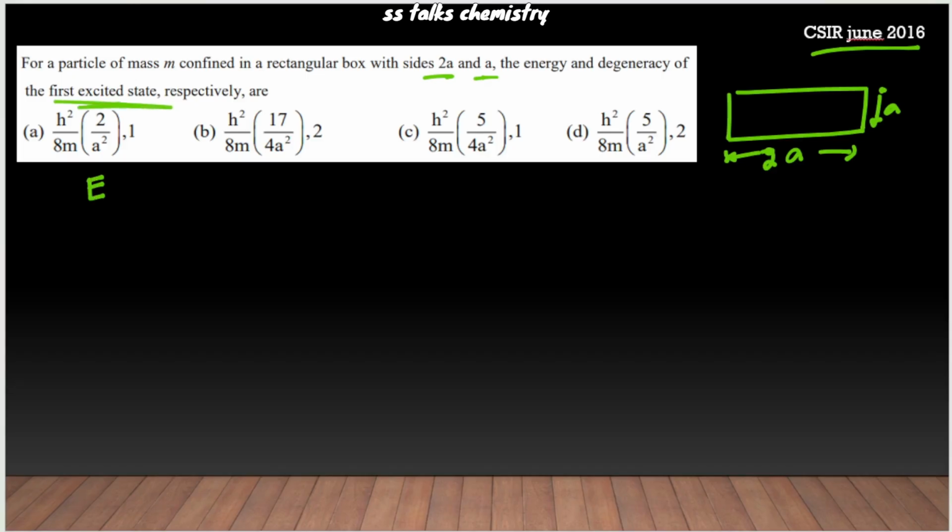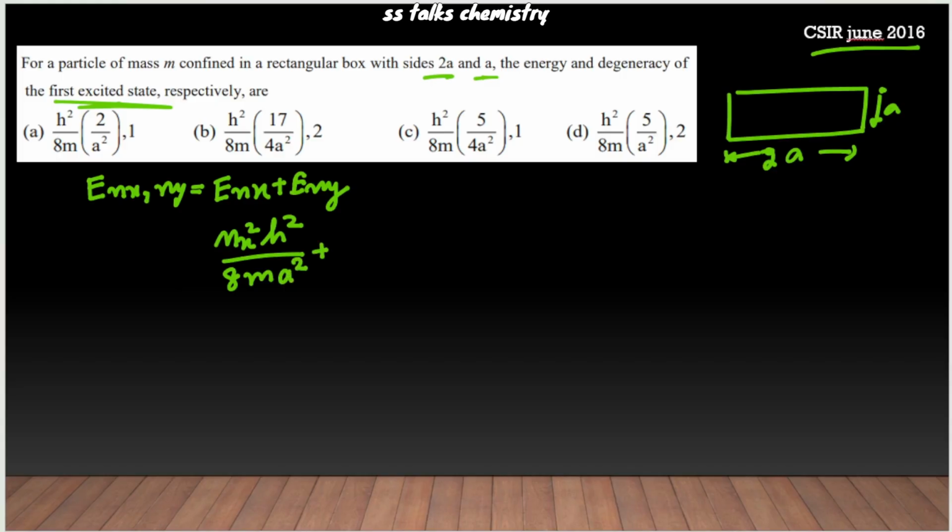So what is going to be the energy value in this? That is along the x and along the y direction. Energy is additive in nature. So it will be the energy along x plus the energy along the y direction. So this will become nx square into h square upon 8m, now L is a, so a square, plus, along the x-axis we have the length 2a, so it will be 2a square, and along the y direction it will be ny square into h square upon 8m into a square.